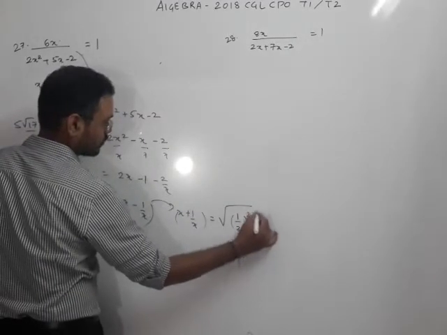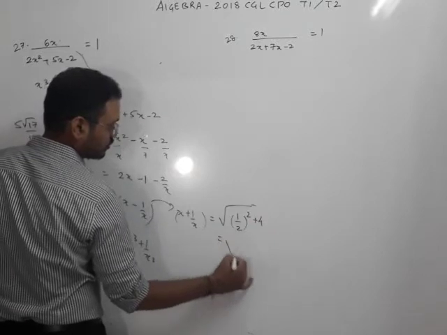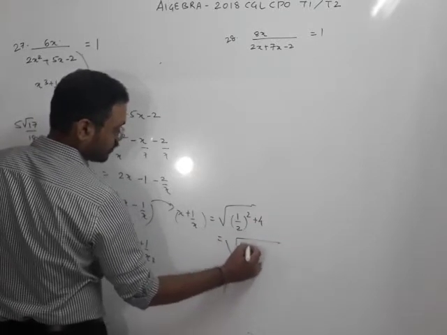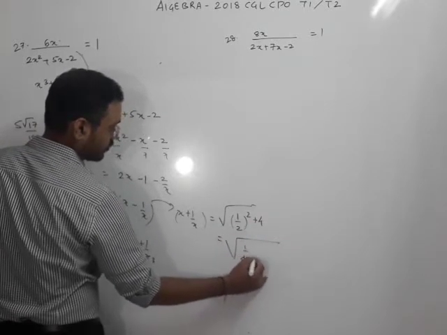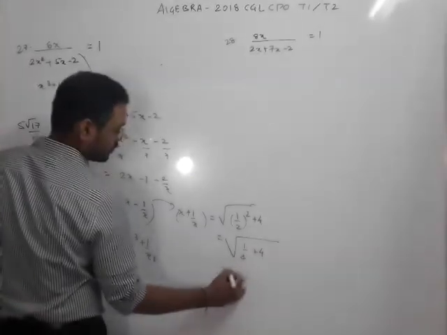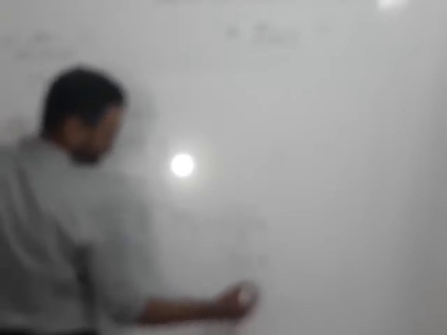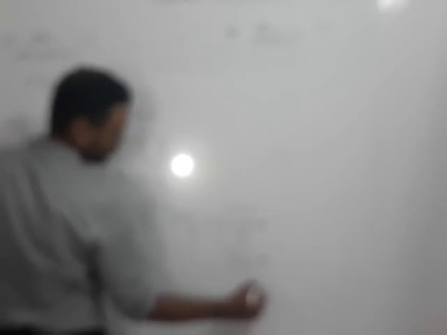This square plus 4, which is root of 1 by 4 plus 4, which is root of 1 plus 16 by 4, which is root 17 by 2, x plus 1 by x.